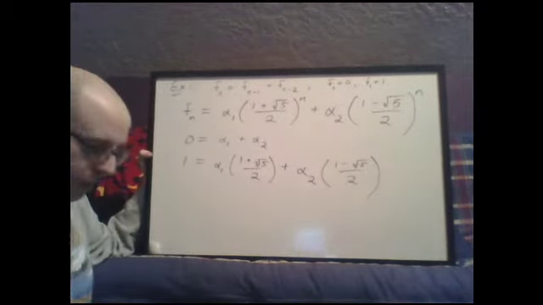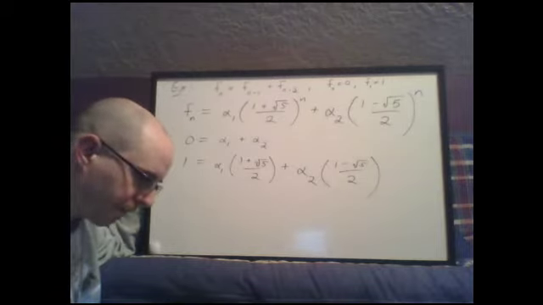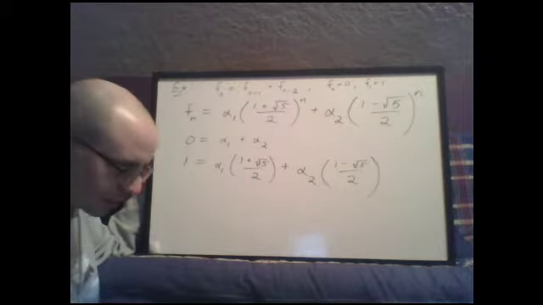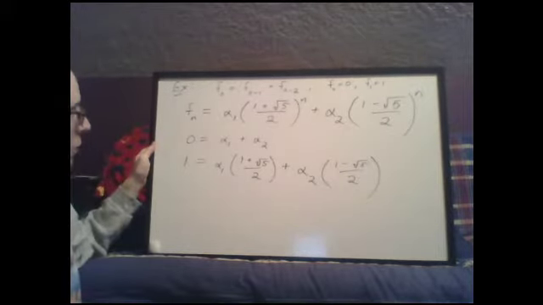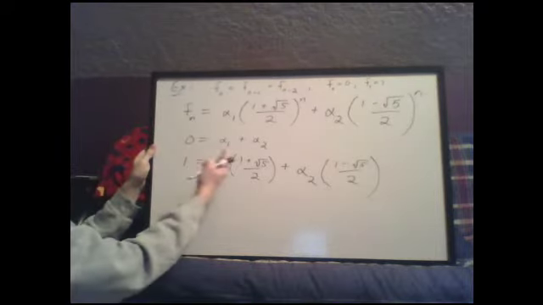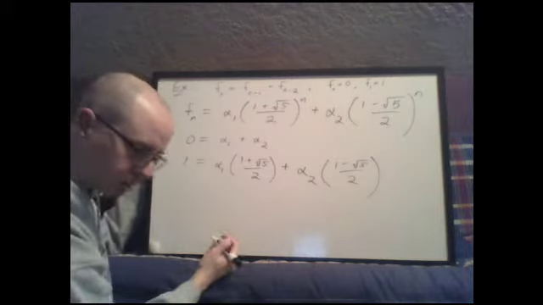Okay, so depending on how much work I want to try to do on this whiteboard, I think I can leave that to you safely. We solve this for alpha 1 and alpha 2. So subtract one of these to the other side and substitute. We come out with the solutions.